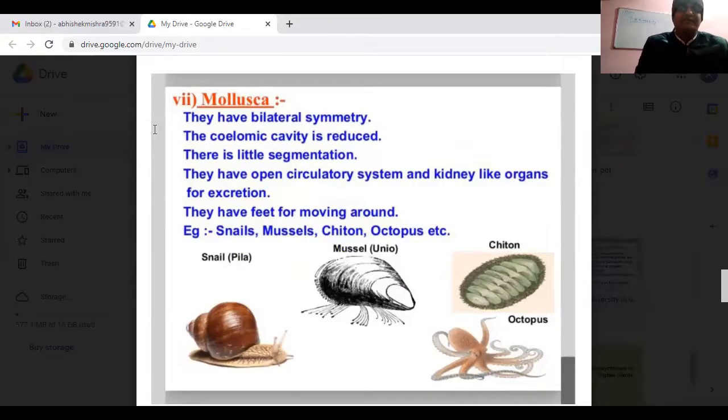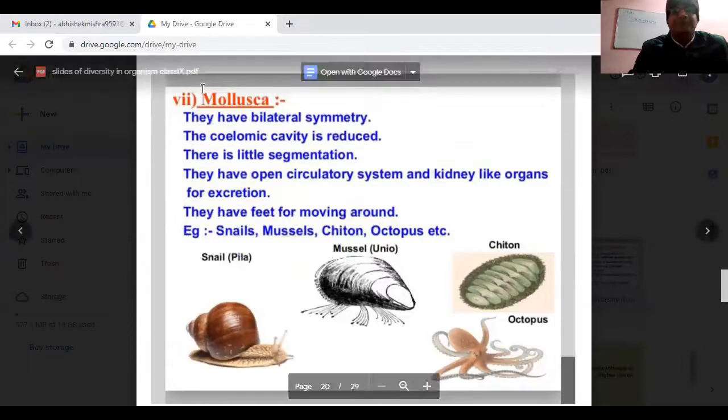In Phylum Mollusca also, there is a bilaterally symmetrical body, and little segmentation. The coelomic cavity is reduced. They have an open circulatory system and a kidney-like organ for excretion. They have a foot for moving around.